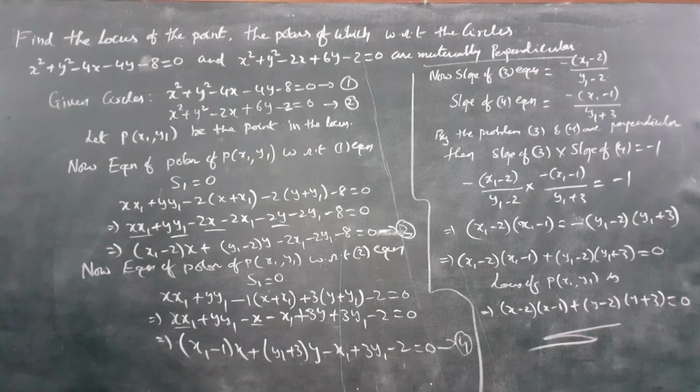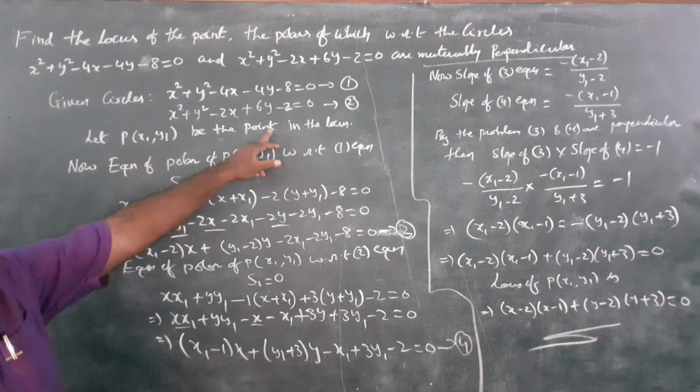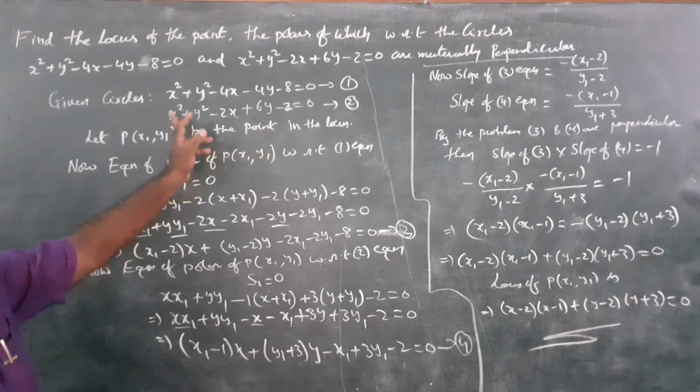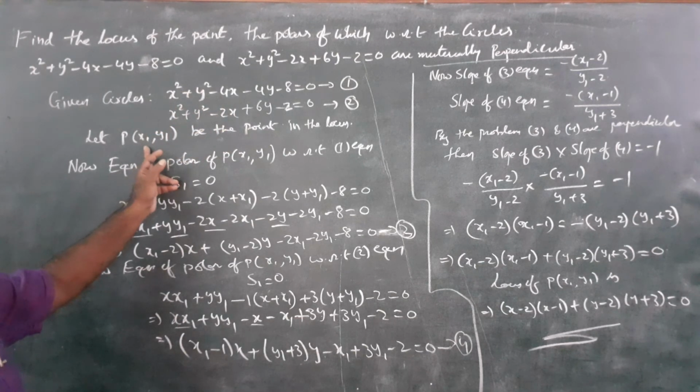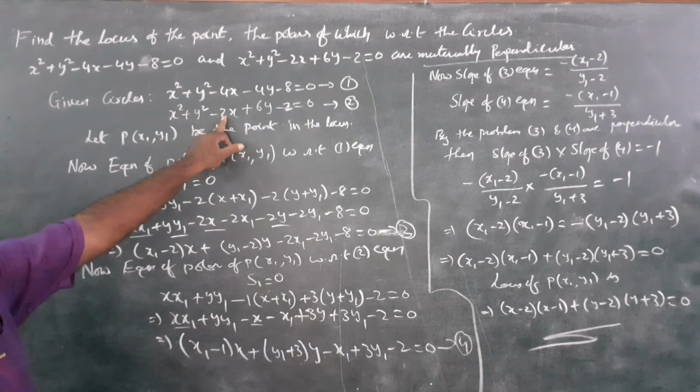In the problem itself they told that the polars of two circles are perpendicular. So you have to find the polar of those two circles with respect to a point in the locus. We take P(x1, y1) to be the point in the locus, then find the polar of this circle with respect to P(x1, y1), and again the polar of the other circle with respect to P(x1, y1).